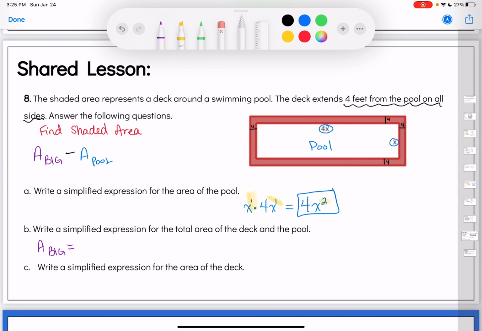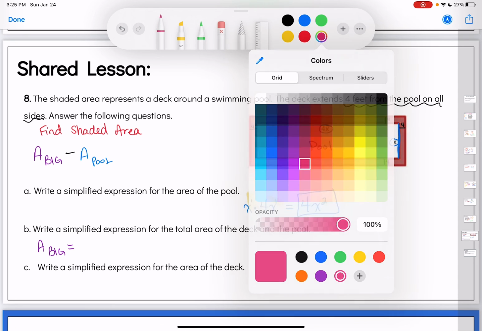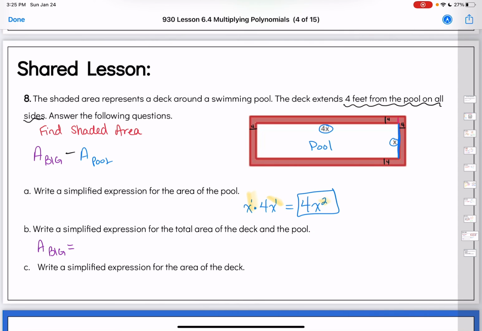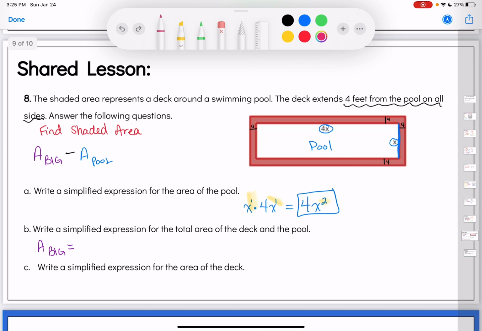Okay. Well, let's see. I know that this amount is x, right? And I know that this part here is 4. I can't see that very well. Let me try a different color. This amount here is 4. This amount here is 4.